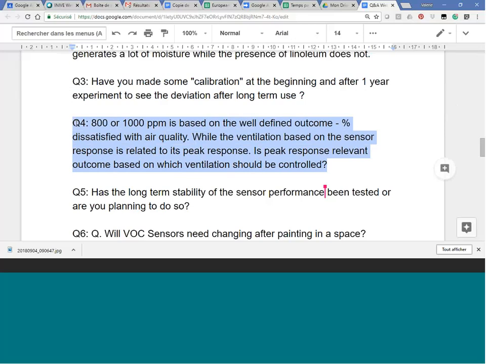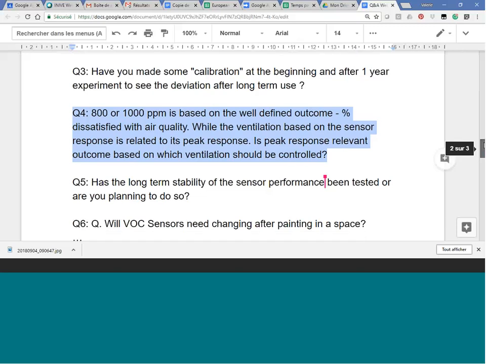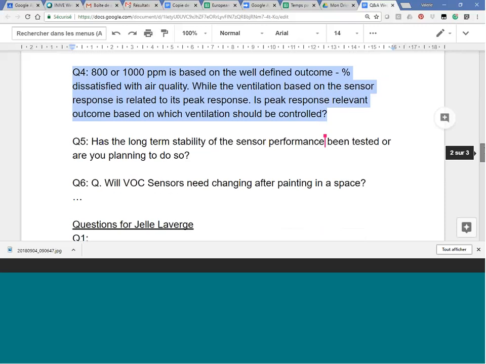Peak is there just to get the range, for the activity which was artificially created. So I would say not always will the peak be relevant outcome.